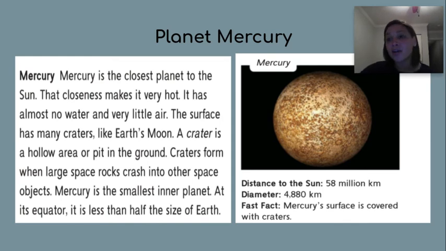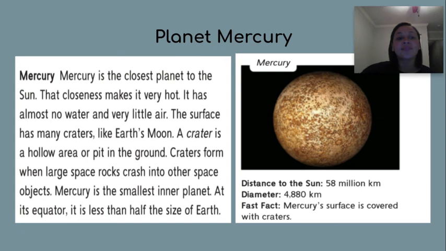So you think about Earth, we're the 3rd closest to the sun, and there are some parts on Earth that get over 100 degrees, okay? Some states in the United States and some parts of the country get really, really hot and go over 100 degrees. So just imagine how hot it can get on Mercury. And so we already talked about how the surface has many craters, just like Earth's moon, okay?